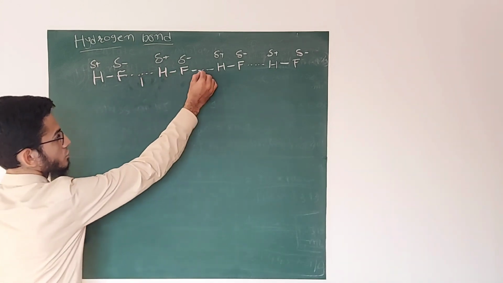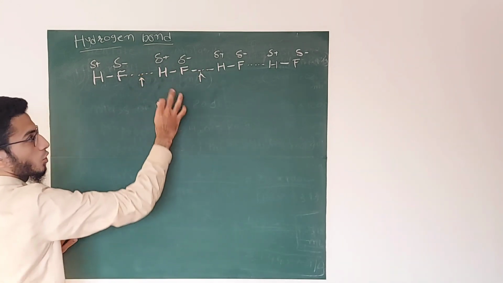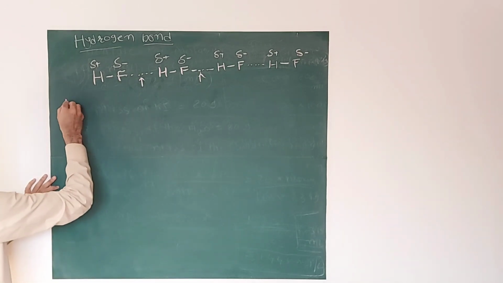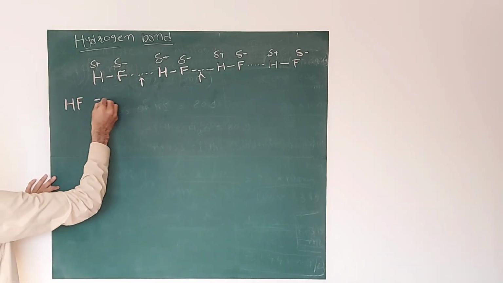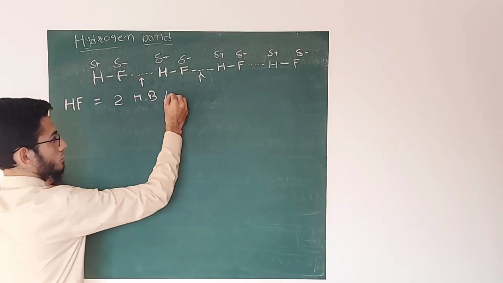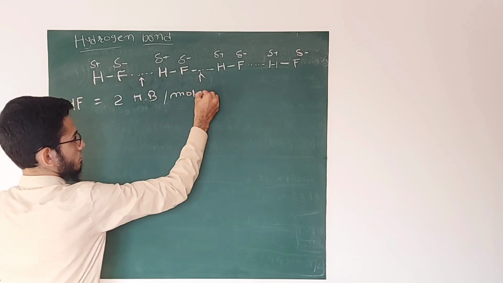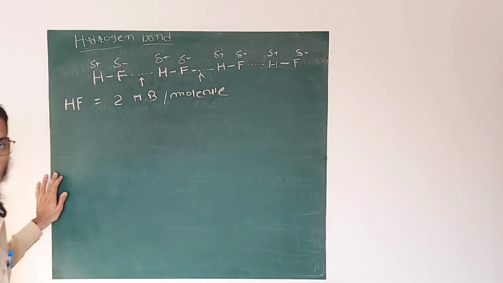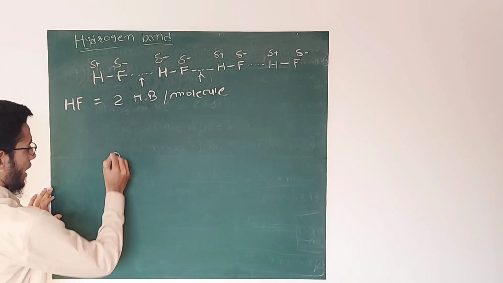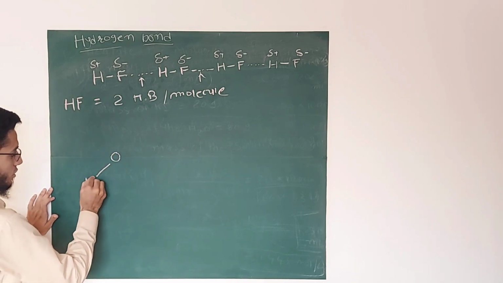There will be two hydrogen bonds for one molecule of hydrogen fluoride. So I am writing that for hydrogen fluoride there will be two hydrogen bonds per molecule. But for H2O, you know that first of all this is the oxygen, this is hydrogen.